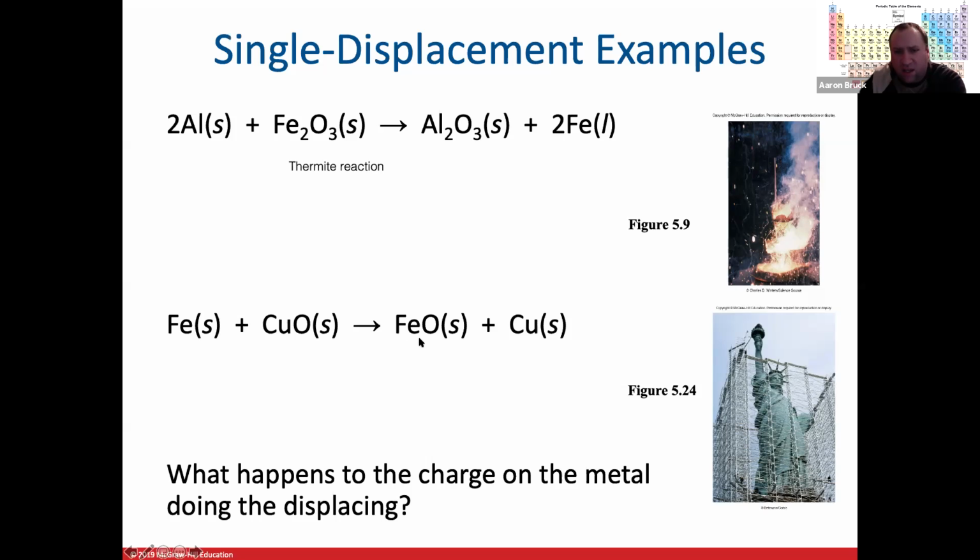Copper oxide. So the Statue of Liberty here, that green patina that is on the Statue of Liberty is an oxidation compound of the copper that is in the bronze that the Statue of Liberty is made out of.